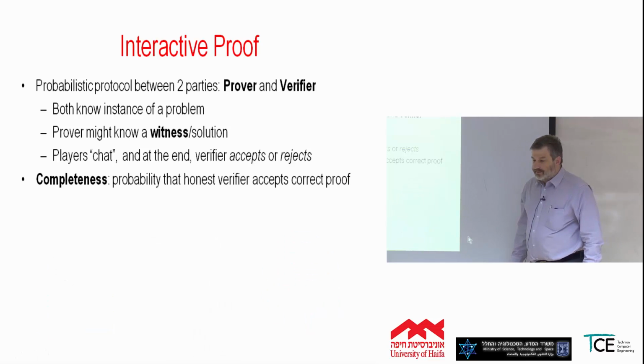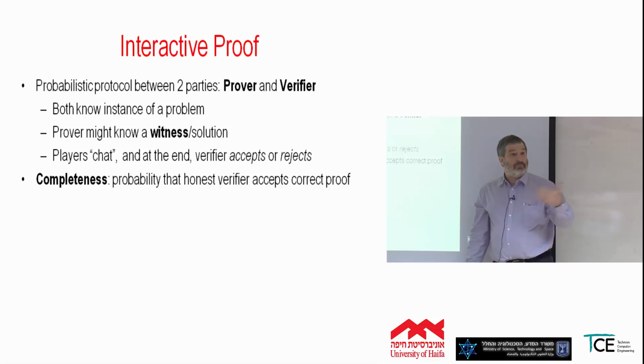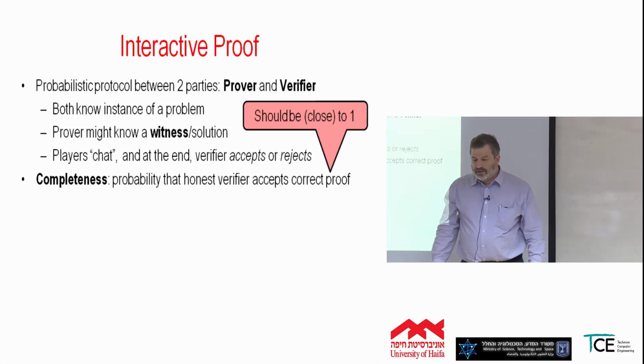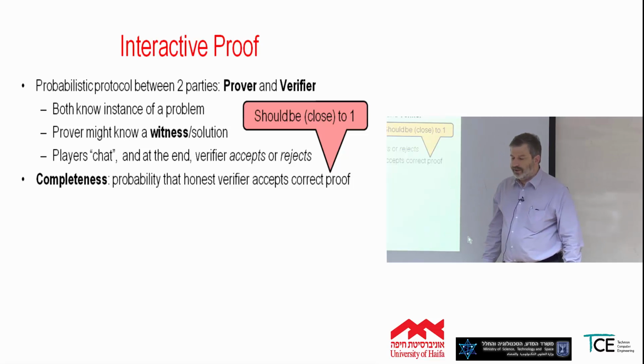The properties we want are, first, completeness: if the parties are following the protocol and the verifier is honest, then she accepts a correct proof. Basically we want this to happen with probability 1.